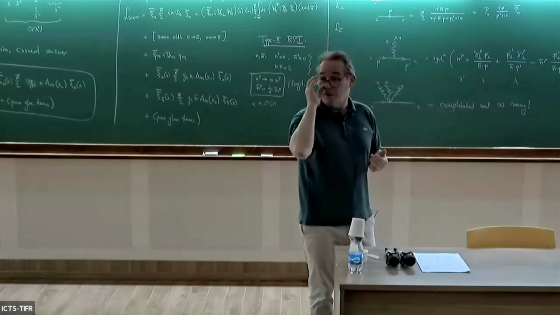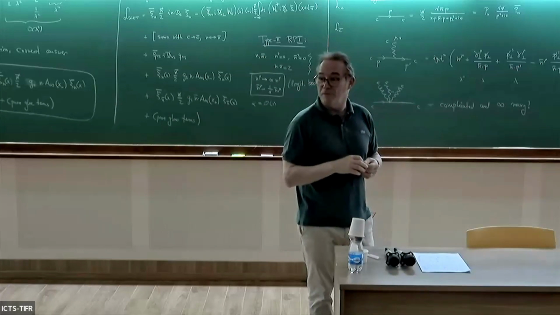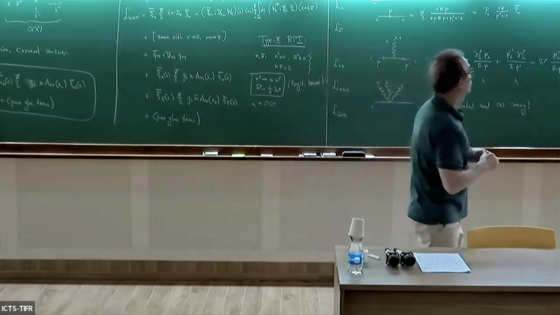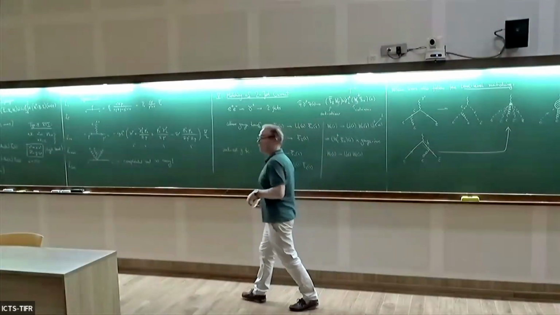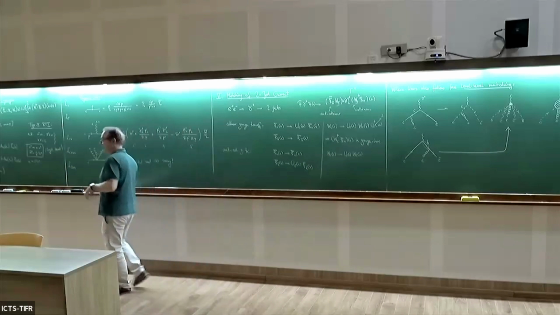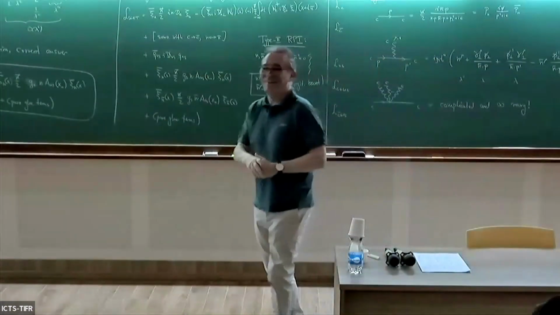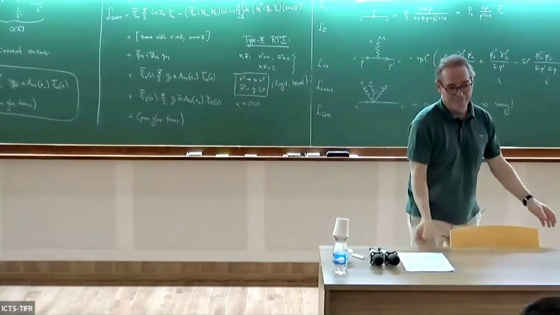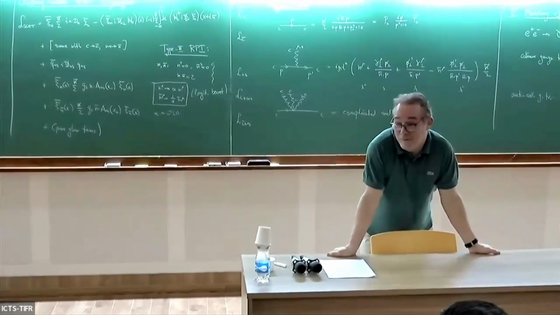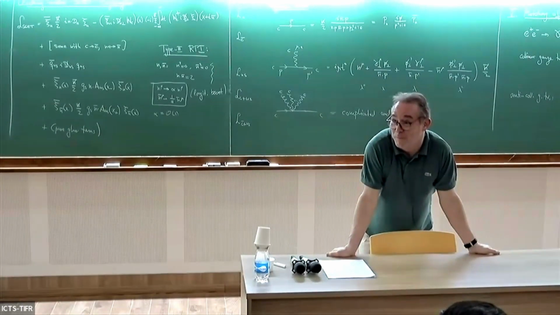What happens if it's not a color neutral current? Do you have an example? You mean a color octet current? No, I mean, you will not have a two-jet process with a color octet current.